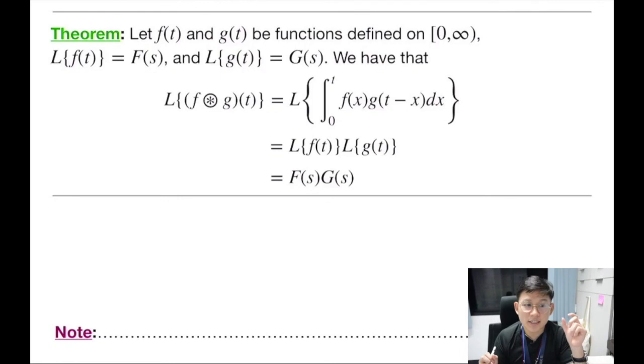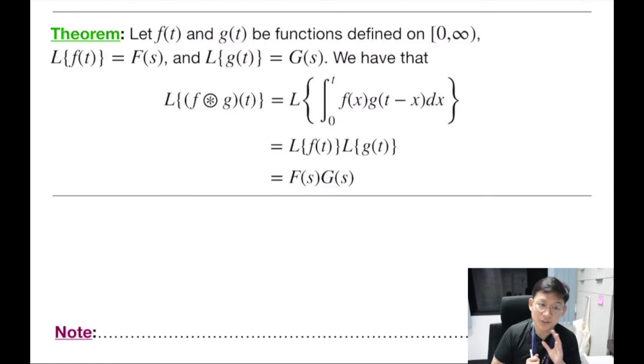So you get the Laplace transform of the convolution of f and g. That's pretty simple. Again, you just need to find the Laplace transform of f, find the Laplace transform of g, and then multiply them together.